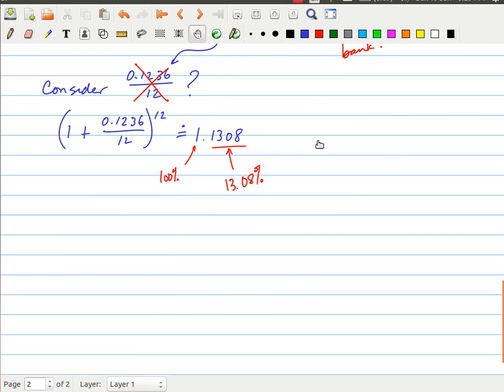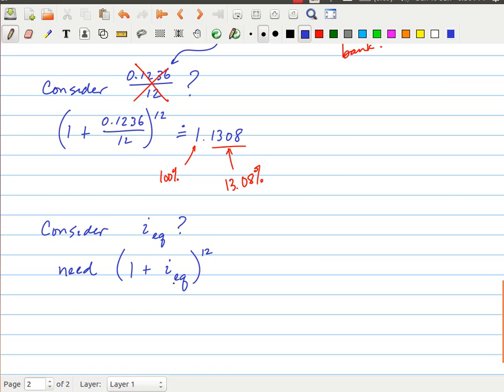We have to come up with some other interest rate. So now let's say we're going to consider some other interest rate. I'm going to call it IEQ, which is the equivalent interest rate. So what we need is that 1 plus IEQ to the exponent 12.